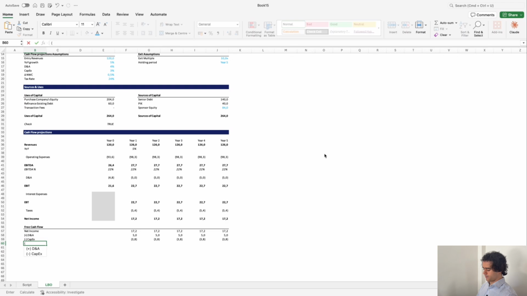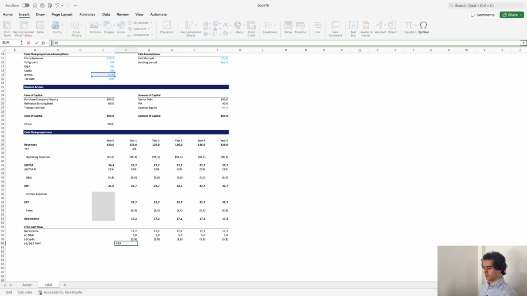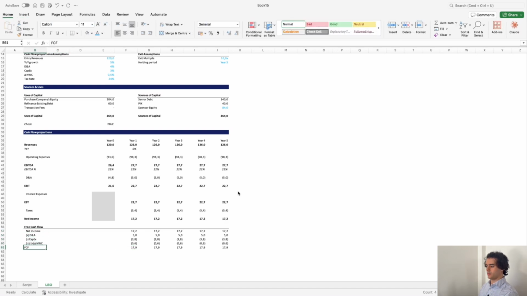And then we need to add or subtract our delta in net working capital. And in this case, there's an increase of net working capital every year of 0.5% of revenues. So our free cash flow is equal to the sum of all of these items. So as a waterfall, we will get our free cash flow.